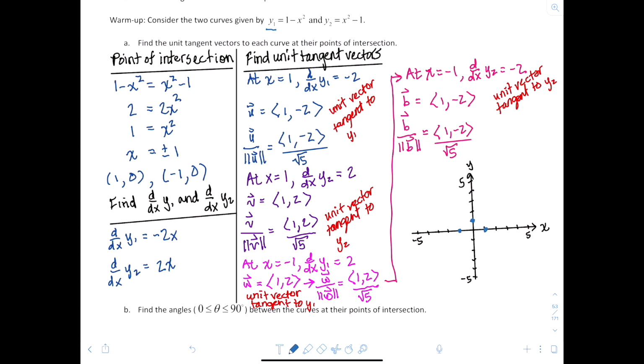And then if I go over to 2, I think I'll be down at negative 3. So that's the first graph, the graph of y1.